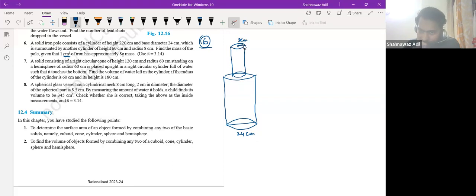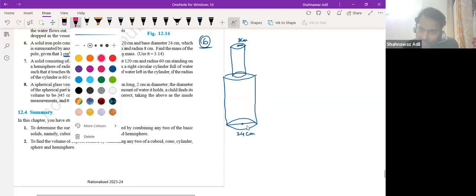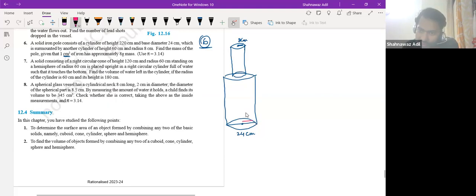For this one they have given the radius, for this one they have given the diameter. This radius is how much? This radius is 12 centimeter. This height is 20 centimeter. This height is how much? 60 centimeter. Right. All these dimensions are different.